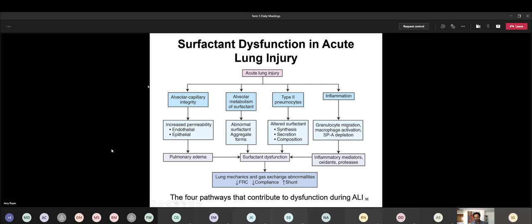And then overall, your surfactant is just not going to work anymore, even if you are producing surfactant. Because the surfactant isn't working properly, as far as pulmonary mechanics and oxygenation, you're going to have a hard time getting your alveoli to inflate. So that's our decreased FRC.